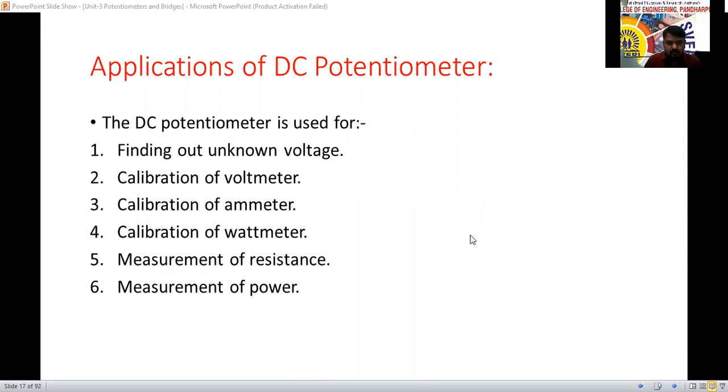Roll number 21 also absent. Okay, please mark present 23. Roll number 24. 27, 30, 31, 34, 35, 36, 37. Anybody there? 35 is present. Okay, so we'll stop here and continue in the next class.